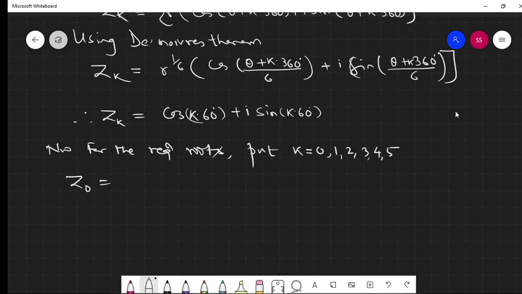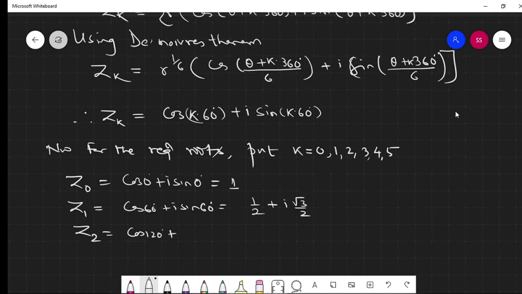Then move to z1. z1 is cos 60 degrees plus i sin 60 degrees, equal to 1/2 plus i root 3/2. Then move to z2, which is at 120 degrees: cos 120 degrees plus i sin 120 degrees, equal to minus 1/2 plus i root 3/2.